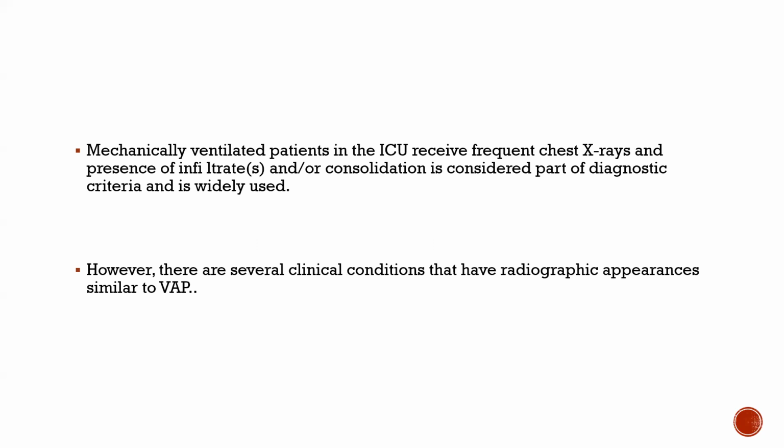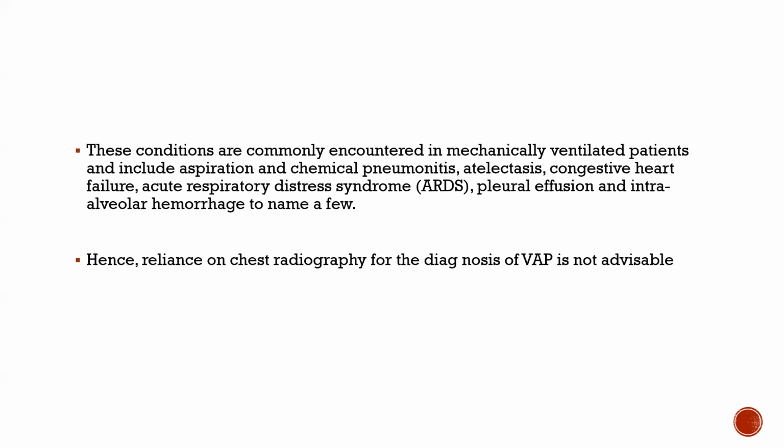Mechanically ventilated patients in the ICU receive frequent chest X-rays, and the presence of infiltrate and consolidation is considered part of the diagnostic criteria and is widely used. There are several clinical conditions that have a radiographic appearance similar to VAP. These conditions are commonly encountered in mechanically ventilated patients, and they include aspiration, chemical pneumonitis, atelectasis, congestive heart failure, ARDS, pleural effusion, and intra-alveolar hemorrhage.